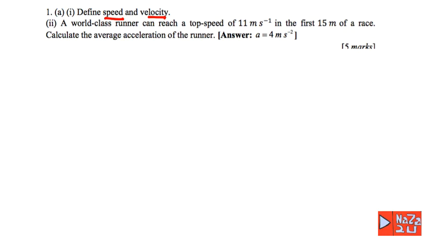Next question, number 2. A world-class runner reached a top speed of 11 meters per second. The 11 meters per second is the top speed, because this is a race for a world-class runner, meaning it starts from initial u equal to 0, and the top final velocity is 11 meters per second.